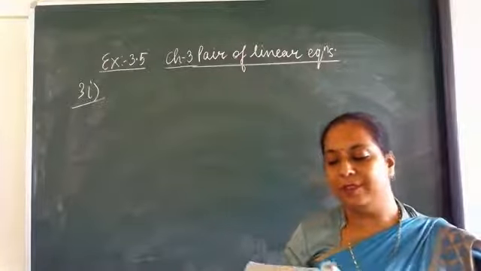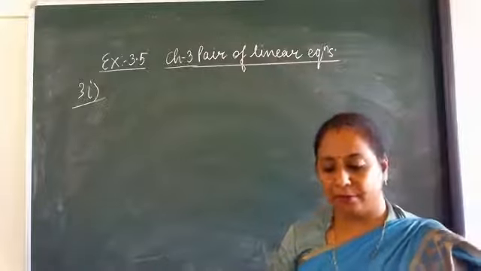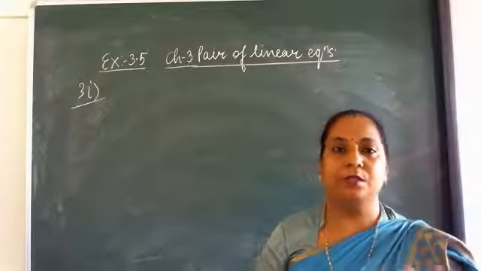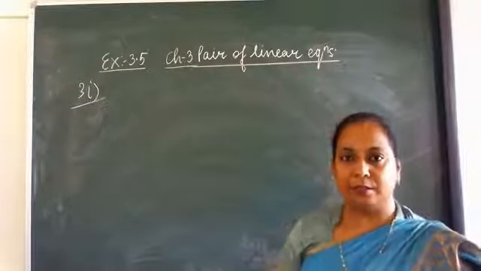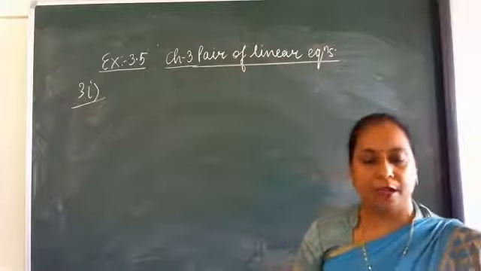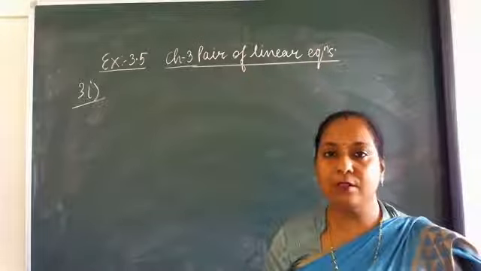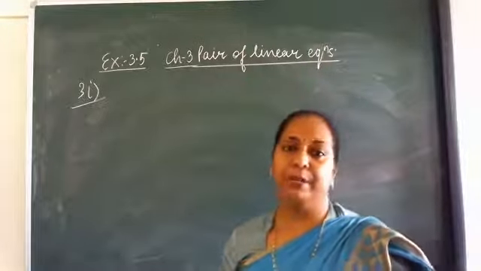Find the fixed charges and the cost of food per day. Now in this question, there is a hostel charge. In that hostel charge, there is one fixed charge and other additional charges for the cost of food per day.